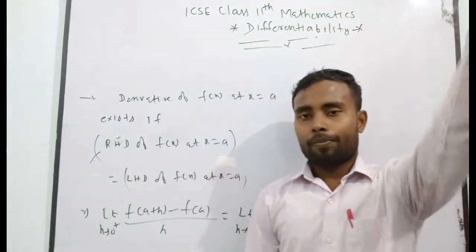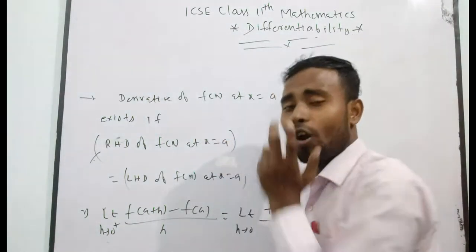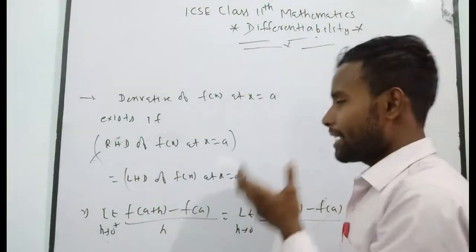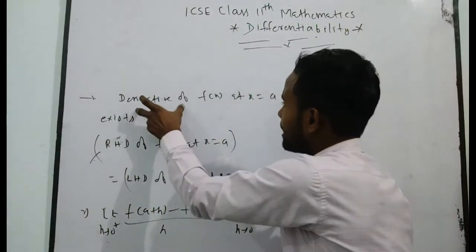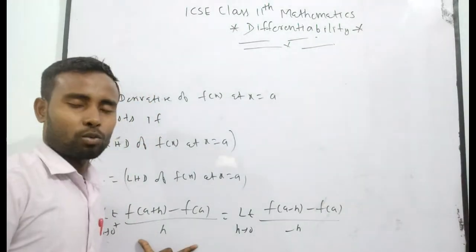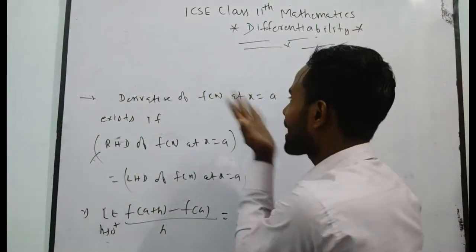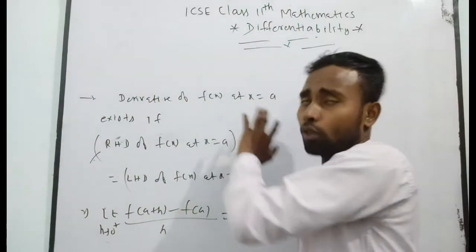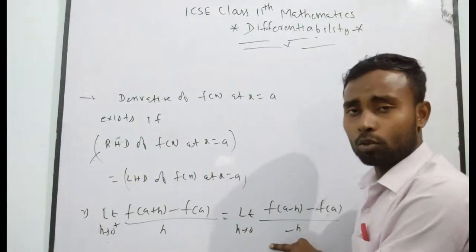Now, as for the existence of the limit, in any question where they ask you to find the derivative of f(x) at x equal to a, you can take the LHD or the RHD of f(x) at x equal to a, because the derivative at x equal to a exists, as they just tell you to find it. So you can directly take the RHD or the LHD.